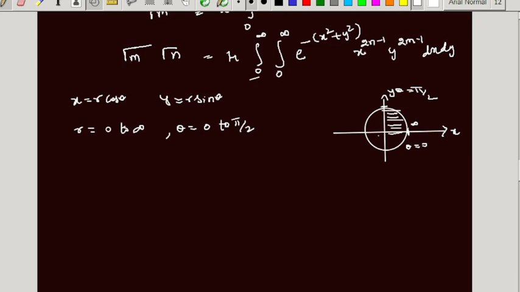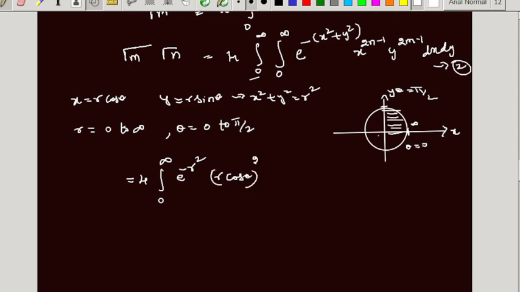So we substitute these things in equation number 2. Integration 0 to infinity e power minus x square plus y square. If we square and add, we get the circle, that is x square plus y square equal to r square. So this is nothing but e power minus r square, and here x is r cos theta to the power 2n minus 1, and y is r sin theta.